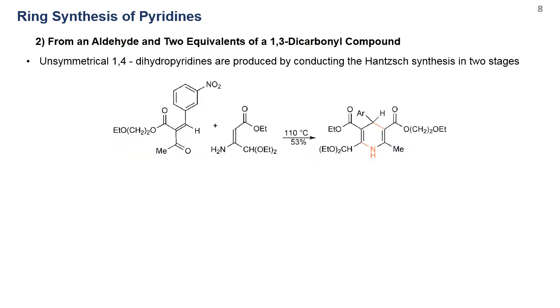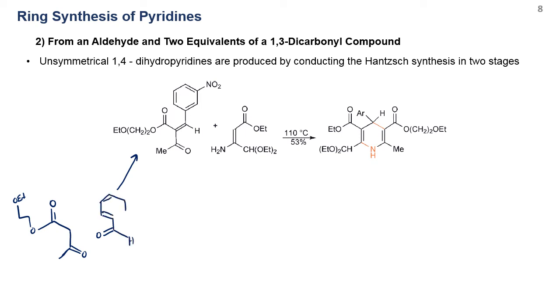However, for the unsymmetrical pyridine, you need to separate the 2 steps. So in the first step, you may react the 1,3-dicarbonyl compound with aldehyde first. The reason why it needs to be the 1,3-dicarbonyl compound is because this compound is more likely to form the stable enolate that can cleanly attack the aldehyde.